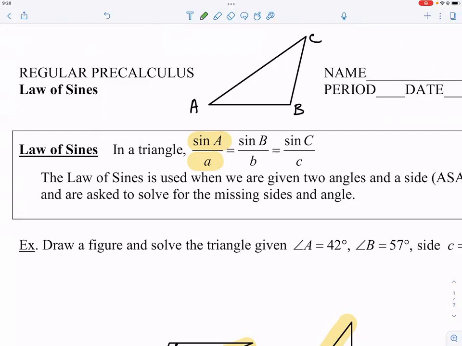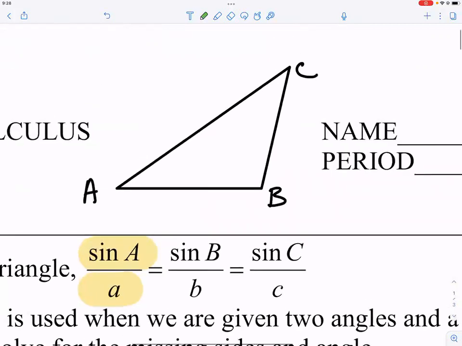So which side is the side a? In between which two vertices? In between B and C. Okay, that would be side a. So whenever we label the side, it's always opposite to the angle. I want to make sure that everyone is good with the labeling before we move ahead.